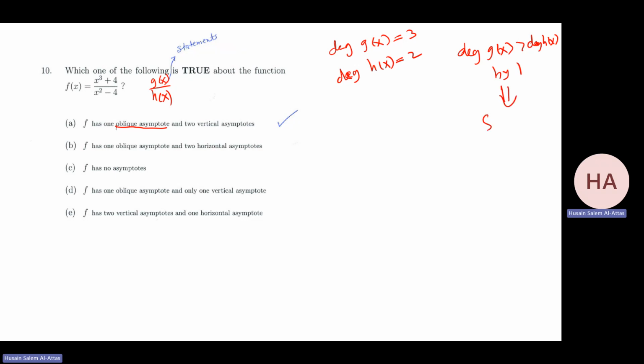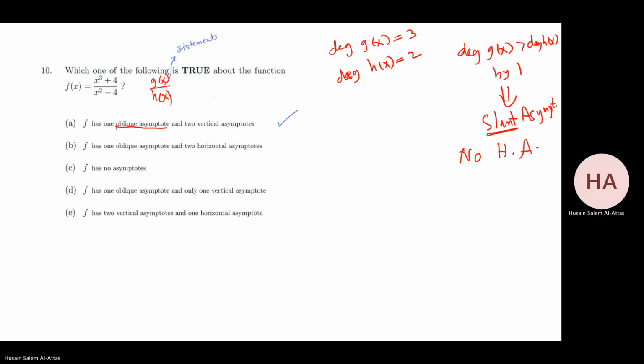That means we have a slant asymptote. Okay, I have one slant asymptote, and also that means we have no horizontal asymptote. So I have only one oblique or slant.